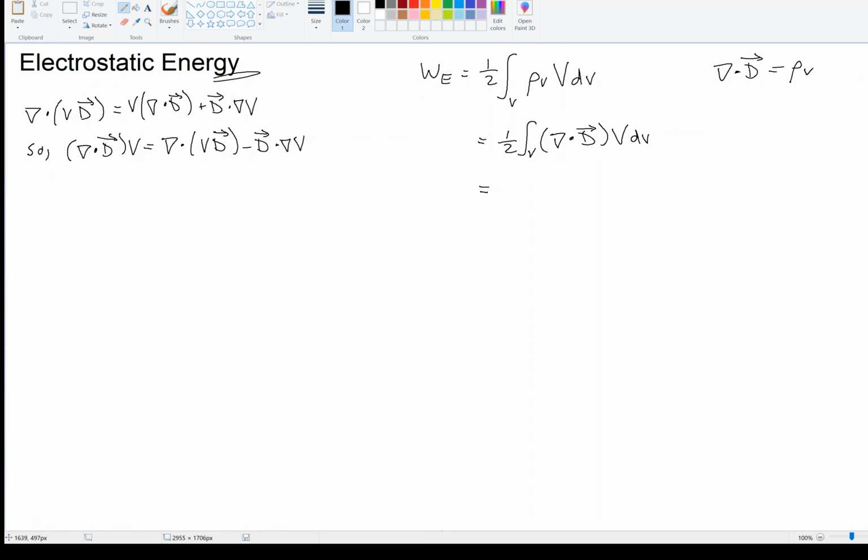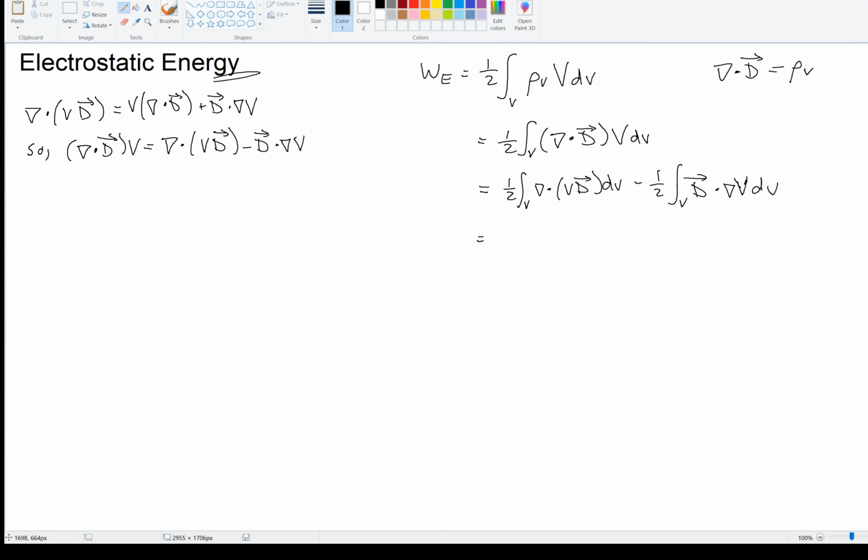Now, we apply that to what we're dealing with here, right? So this becomes 1/2 times the volume integral of the divergence of v times d, like this, minus 1/2 the volume integral of d dot the gradient of the voltage, or the potential difference, like this.